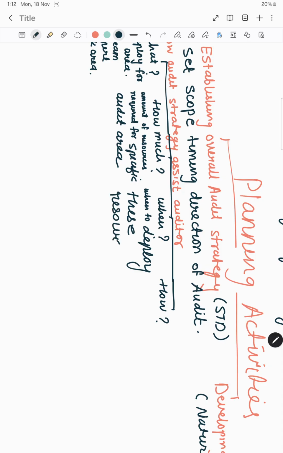It means key cutoff date, date of audit stage.